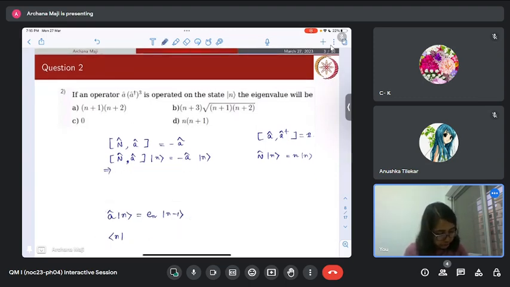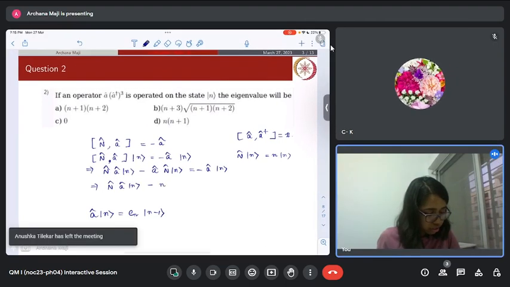We get n A acting on n minus A n operator acting on n, which is equal to minus A. So this is minus of n.